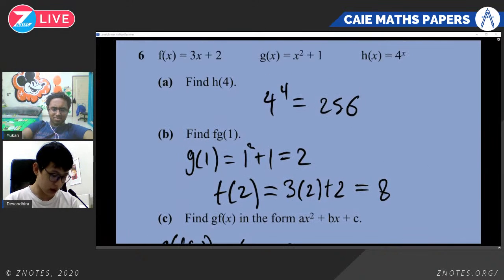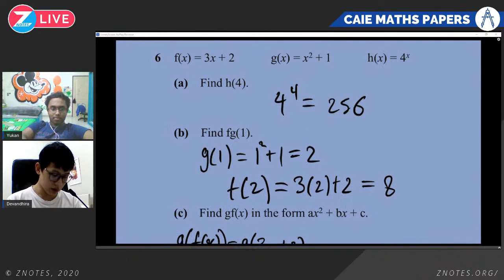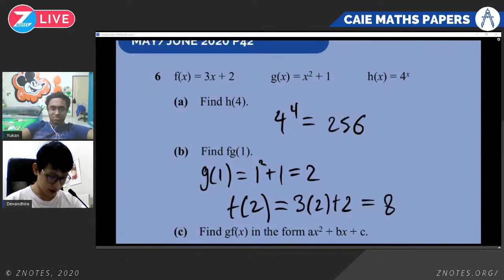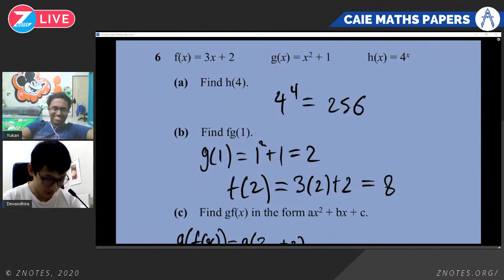Next question. f of g of 1. So how to do this? First we can find the value of g of 1. We can just put 1 here. So that's just basically 1 squared plus 1, which is 3. Of course not, it's 2 lah. I'm just kidding. So when you get 2 here, g of 1 is equal to 2.